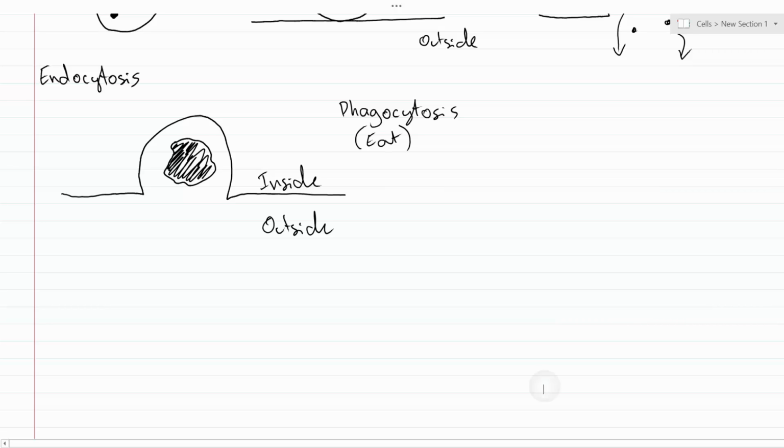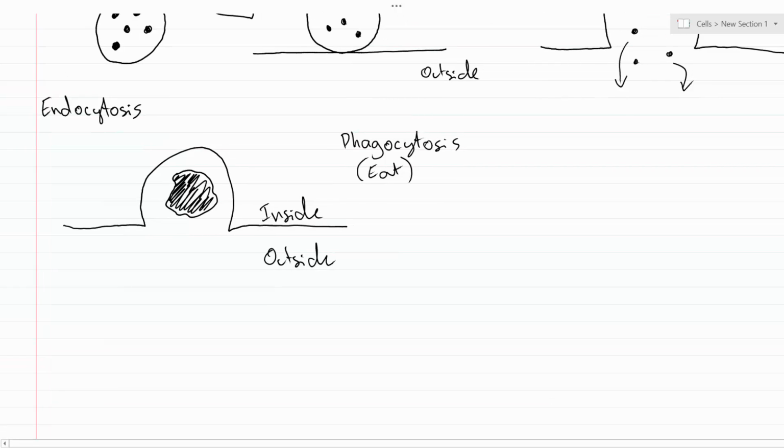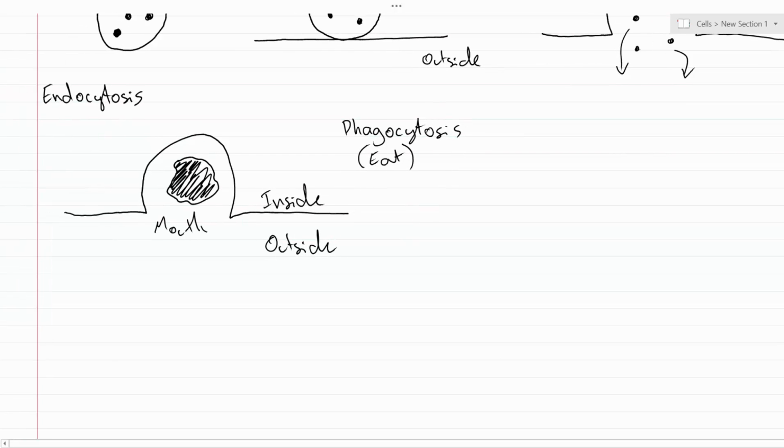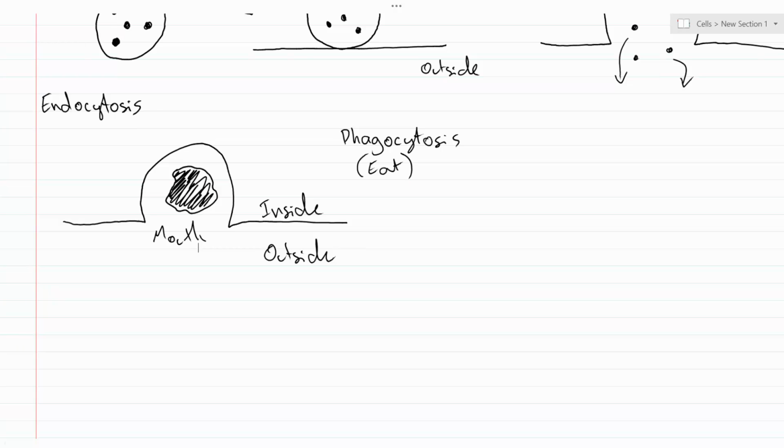We see the membrane is able to collapse a little bit and allow this large molecule to start to move into the membrane, and it's going to gradually form a bit of a capsule around it. You can kind of imagine that this is like a mouth. The cell membrane is creating a mouth which is starting to swallow this large particle.